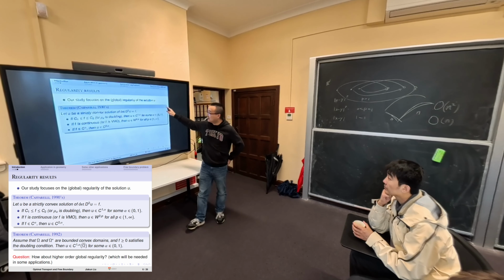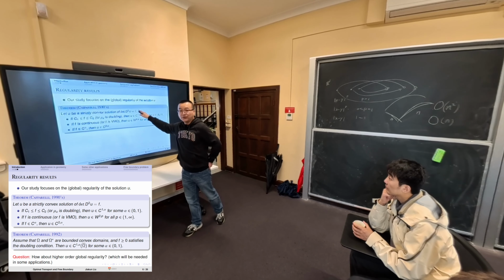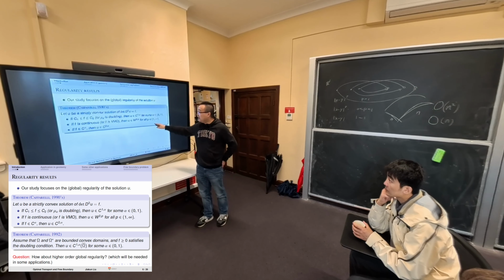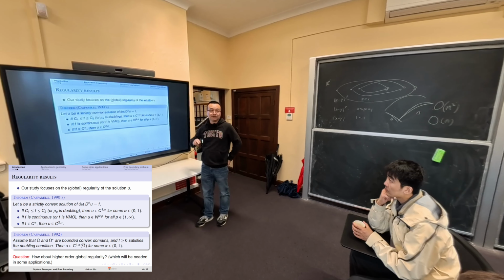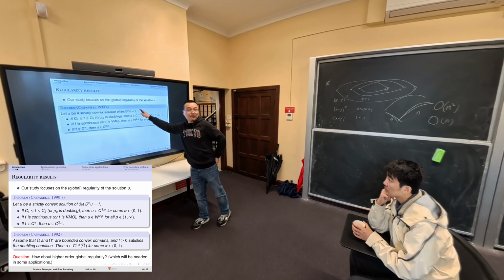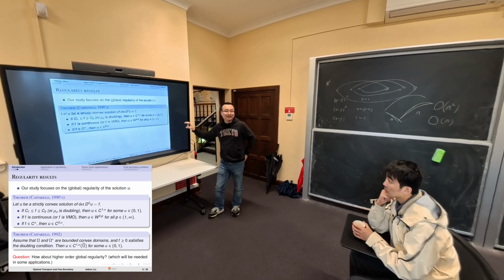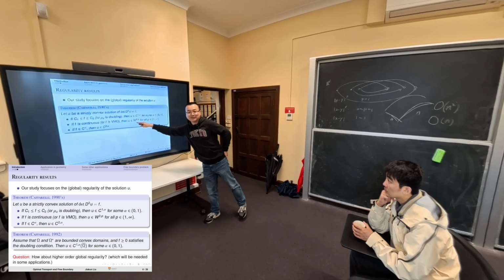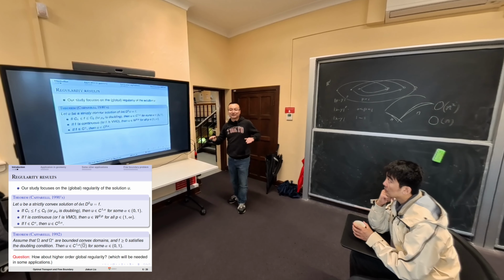If we go further, if the right-hand side is continuous or VMO, we know the solution will be W^{2,p} for all p from 1 to infinity, okay? And one step further, if the right-hand side is C^alpha, we know the solution is C^{2,alpha}. That's a Schauder estimate. Once we have the Schauder estimate in a second order PDE, we can always go further. So that means if the right-hand side is smooth, the solution will be smooth. That's the end of the story, okay?